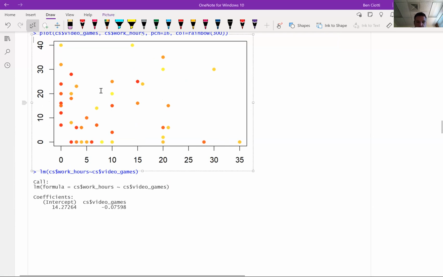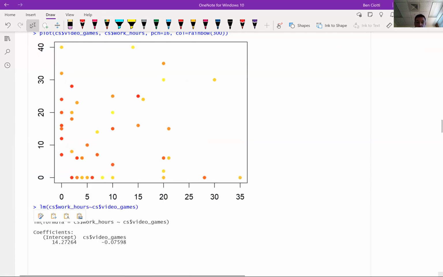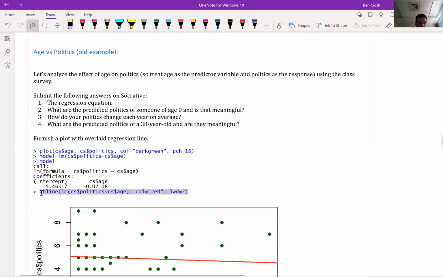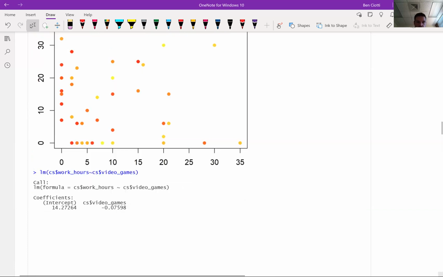And you know what? Should we add the line? Let me use the abline command. Okay.